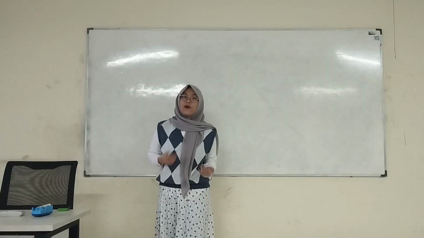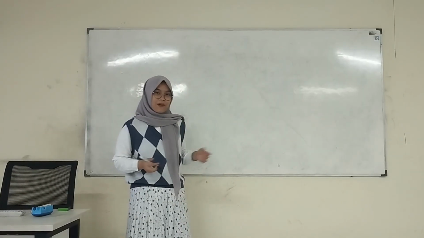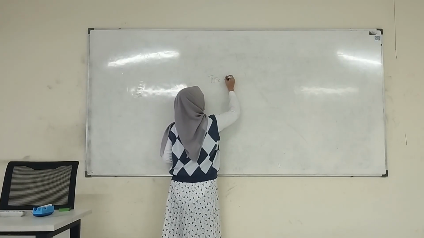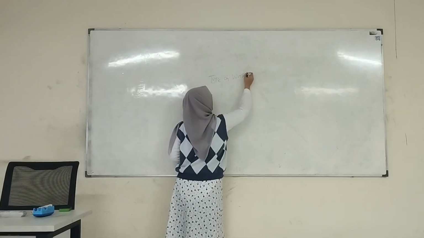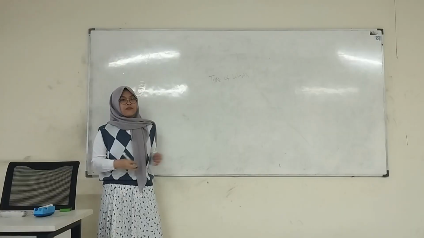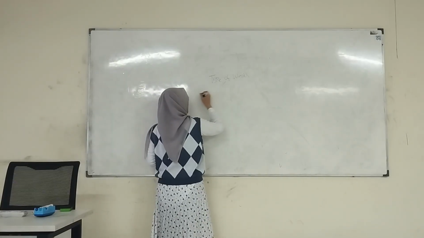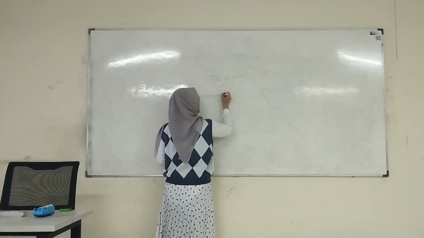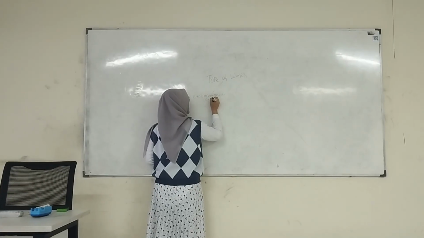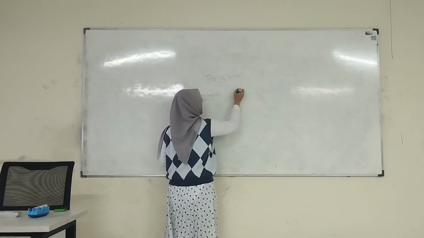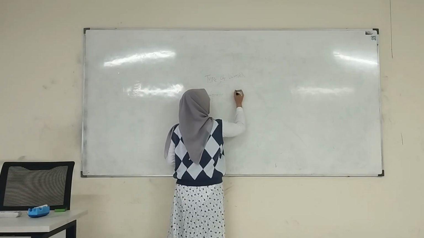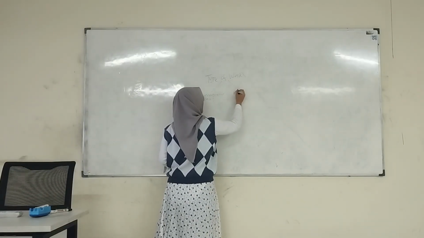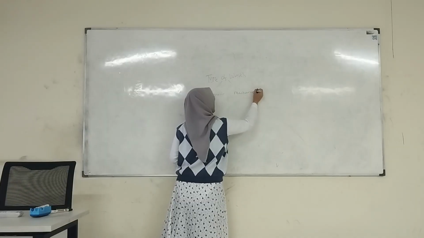Okay, previously we have already learned what a wave is, so now let's talk about the types of waves. So, there are two types of wave. The first one is electromagnetic wave, and the second one is mechanical wave.